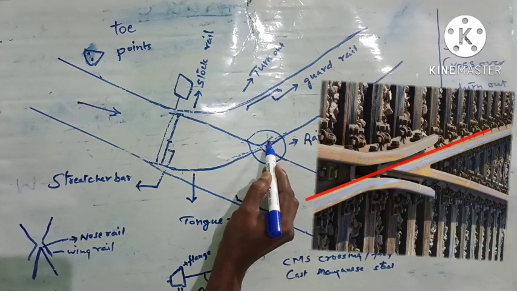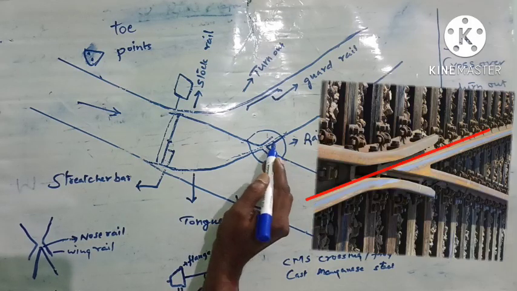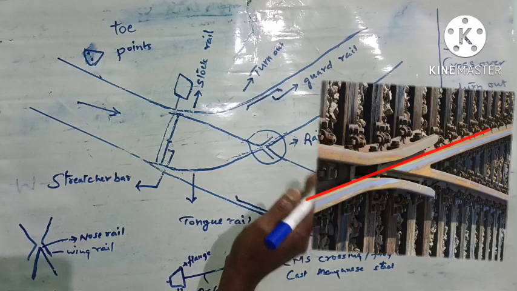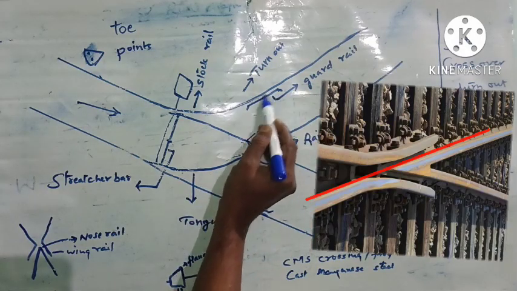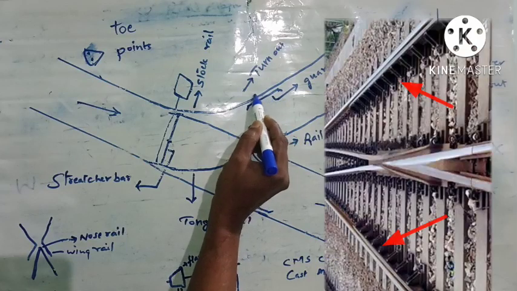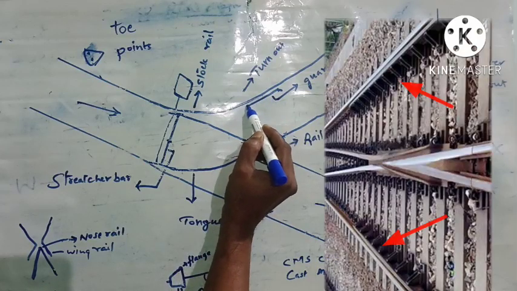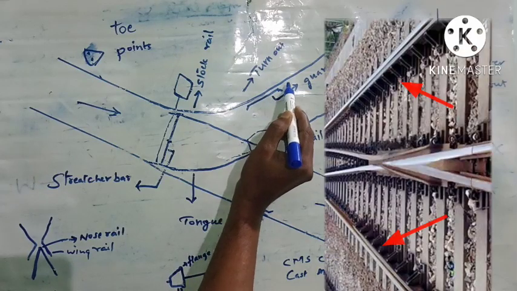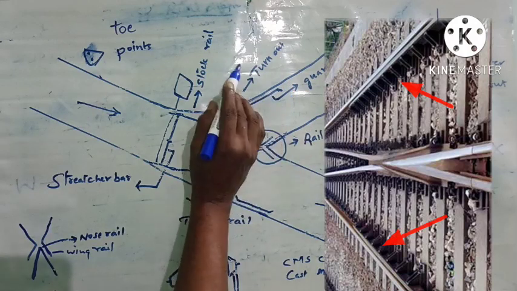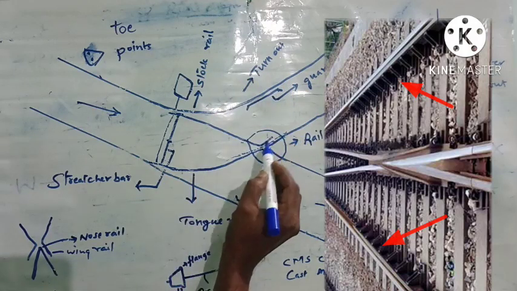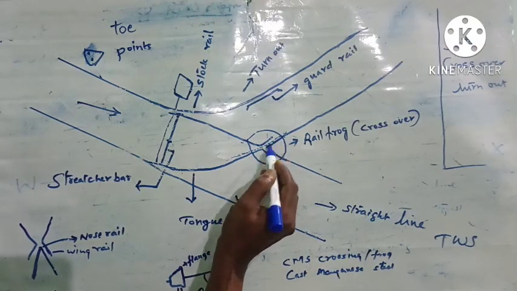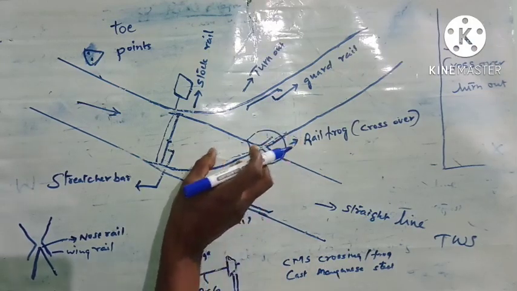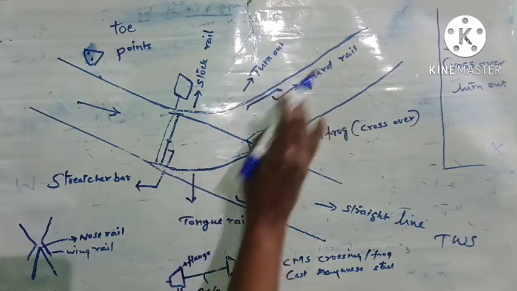Here this wing rail and this rail will keep the wheel flange from moving out of the path, and at the same time here there will be a guard rail. The guard rail and the rail will see that the wheel flange is moving in between, so it will not be shifted out or inwards. So the guard rail and this wing rail will see that the wheel flange is properly moving within the space.